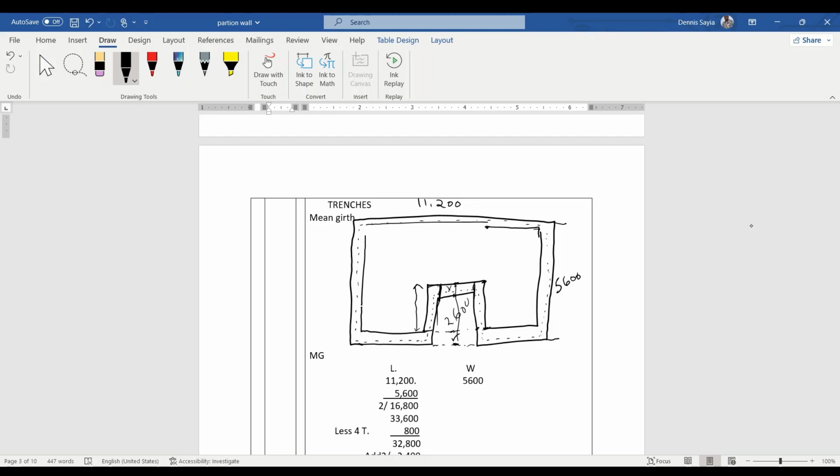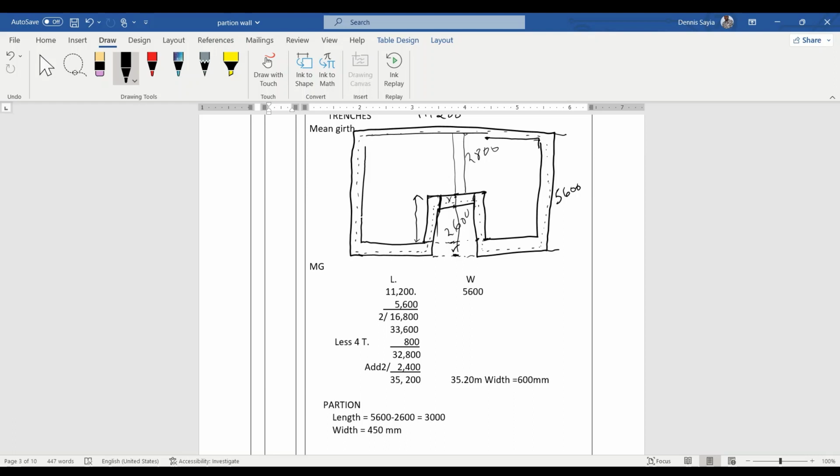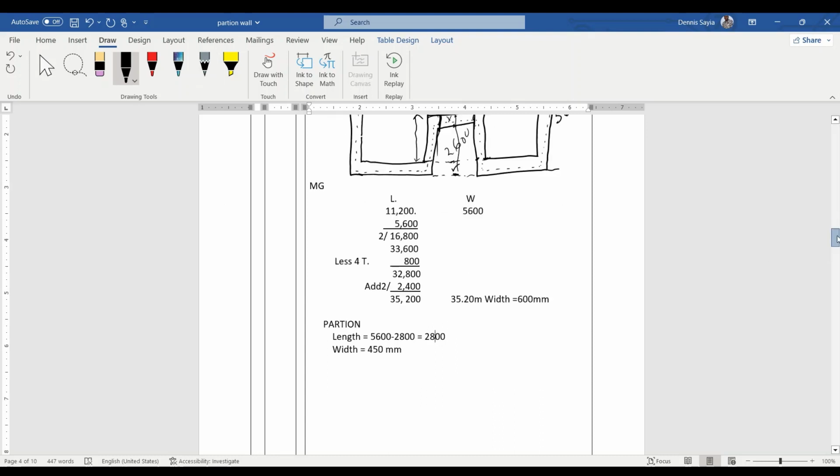So our partitioning wall here is going to be 5600 minus 2600. This one is 3000. 3000 minus 200, meaning this one is 2800. So our wall, sorry, this is 2800. That gives us 2800. And then the depth is 450 millimeters.